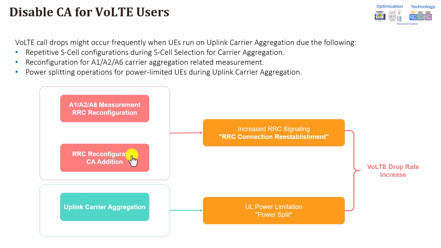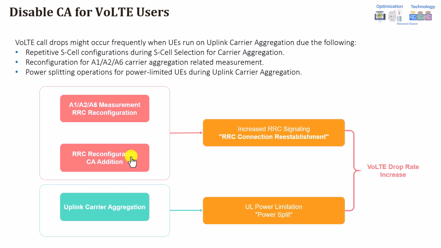Even addition or removal. So the same situation can occur where the user during the call tries to add a secondary cell or third cell, or tries to configure some of the carrier aggregation cells, and somehow there are failures. This increases the probability of RRC reestablishment, which might lead to a drop as well.